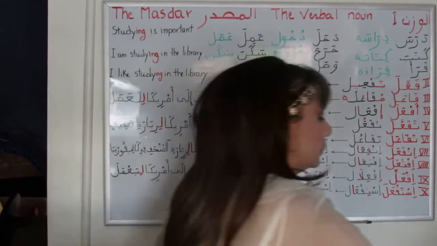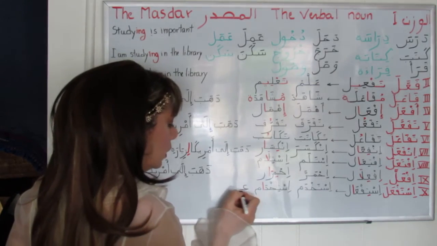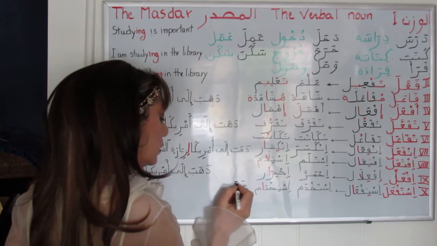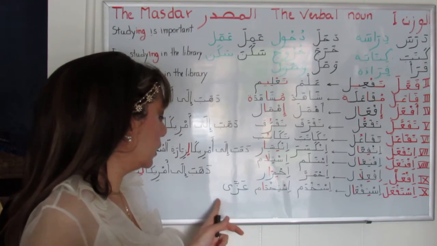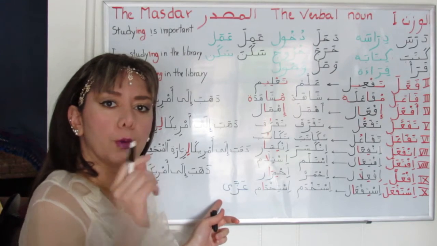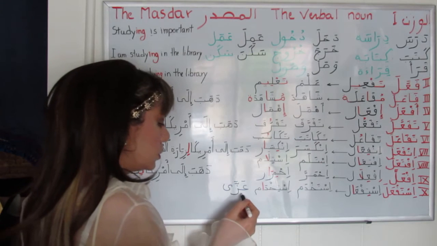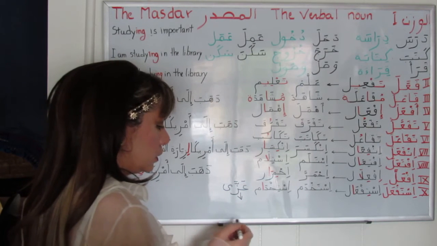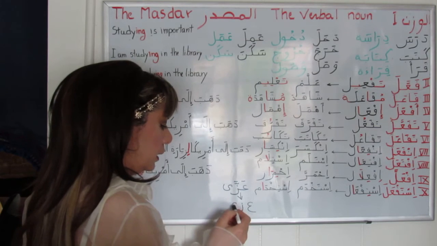So I will give you other examples, some exceptions. For example, azza, to condole. Azza, he condoled. Here, the verb is ending with the broken alif, alif maqsura. The roots of this verb are ain, zay and ya.